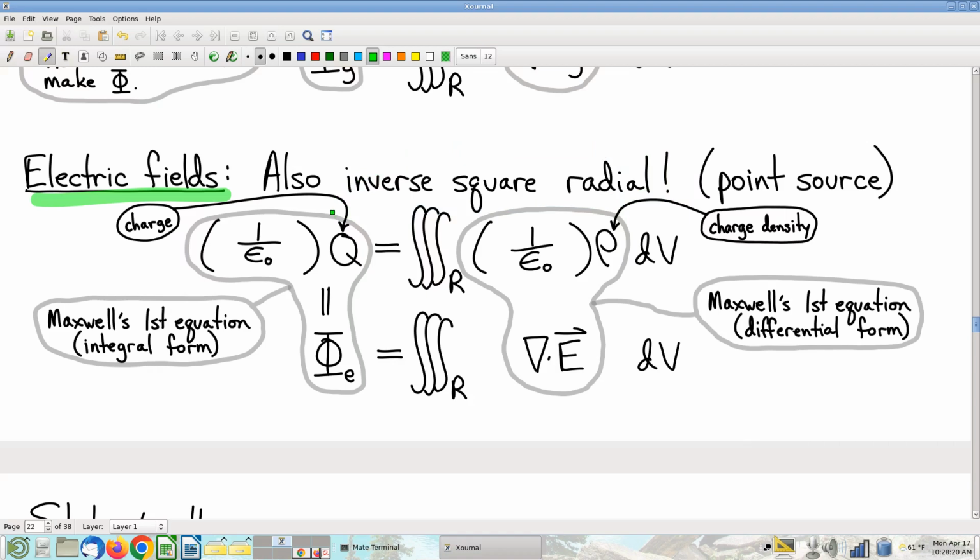So as such, total charge is an integral of charge density. Of course it is. That's what density means. I throw in this common factor here just to set things up for the next equation, but mathematically, of course, it's perfectly legal to multiply both sides by the same constant.